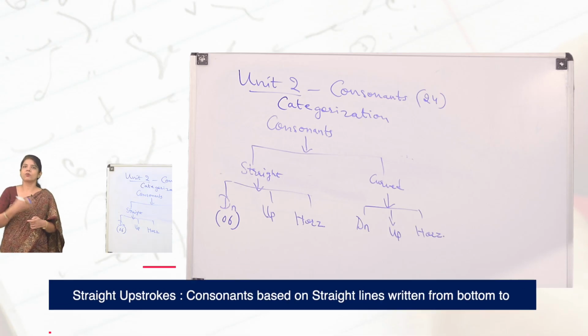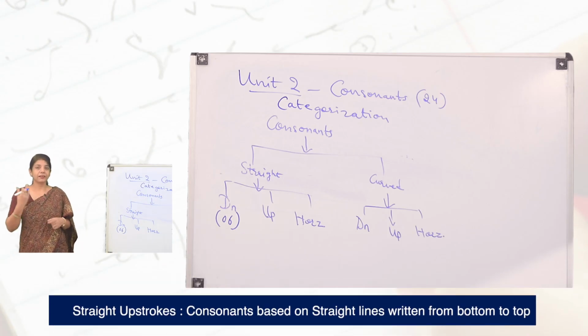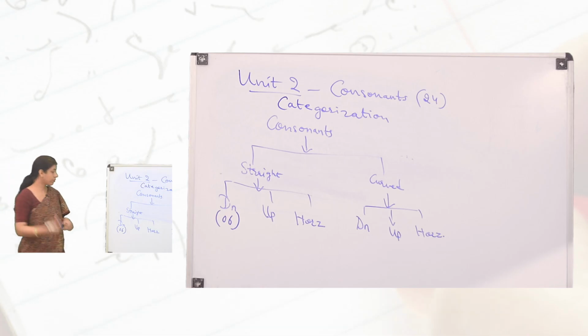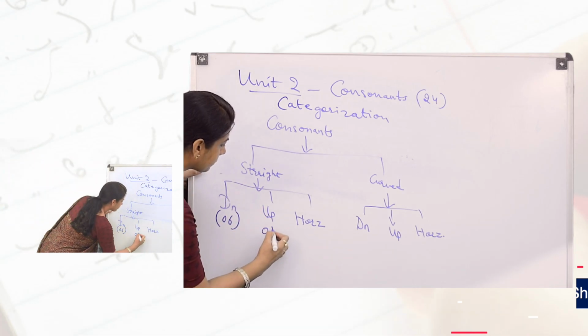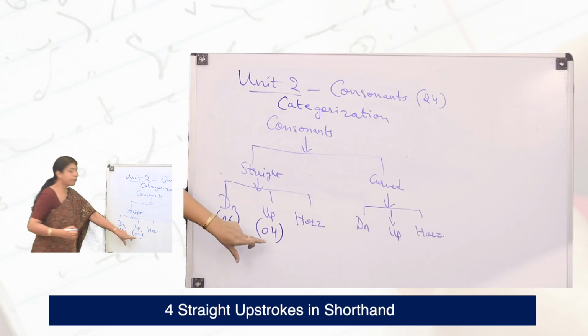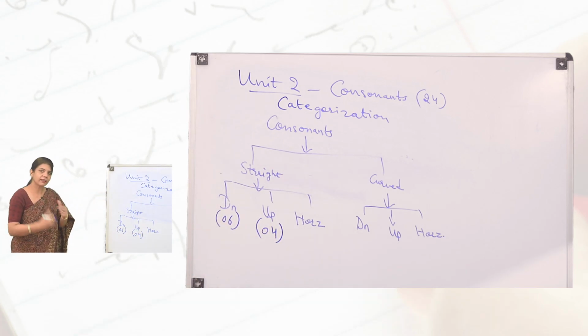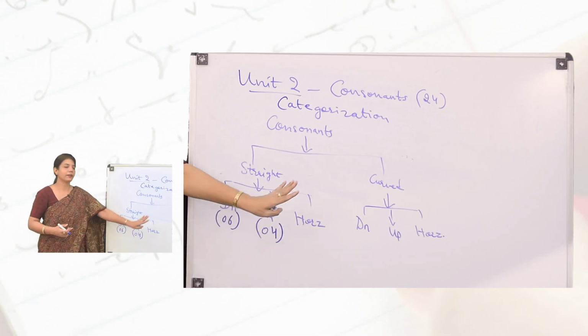Now how will you define straight upstrokes? Simple. Strokes based on straight lines written in upward direction, that is from bottom to top. They are straight upstrokes. We have a total of 4 straight upstrokes in shorthand. We'll be discussing the names and the outlines in detail soon after the categorization.